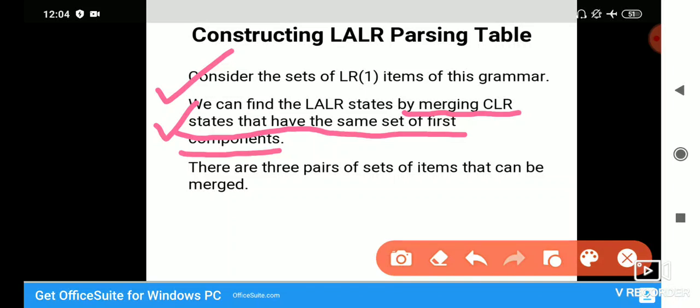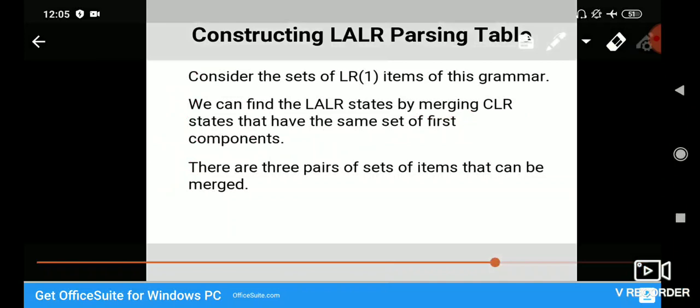Okay. Now, if I consider this previous example, we find that there are three pairs of sets of items that can be merged. I will take you back to that diagram.